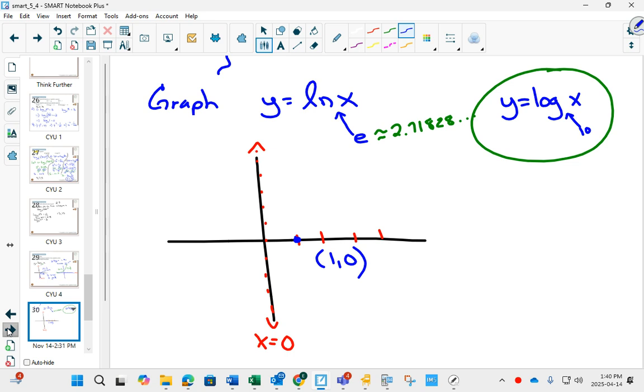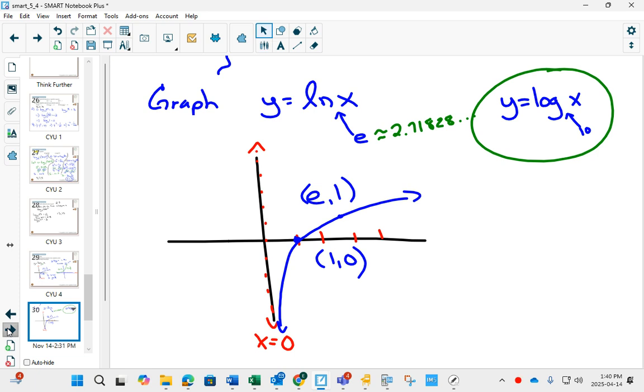And this one will go through the point (e, 1). So when graphing log graphs, they all look the same. The only thing that's going to change is depending on what base that you're using.